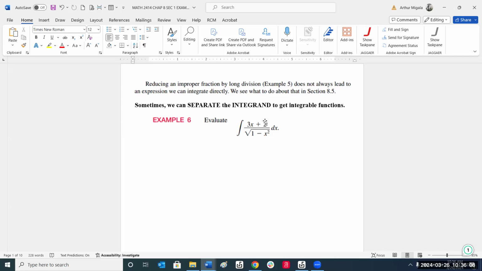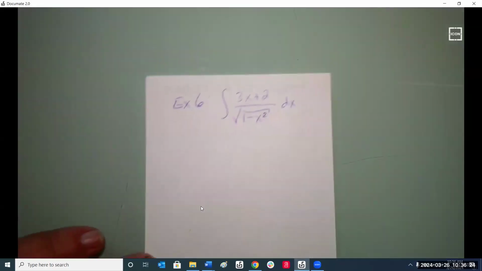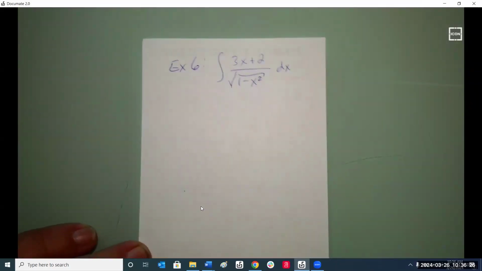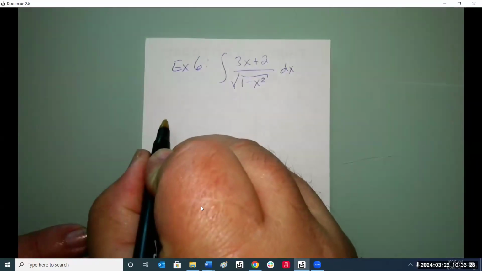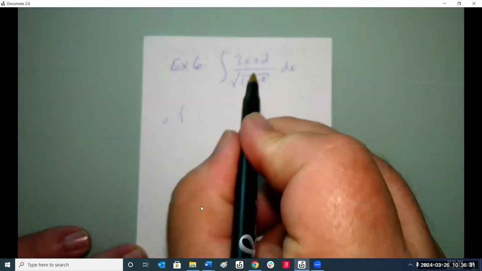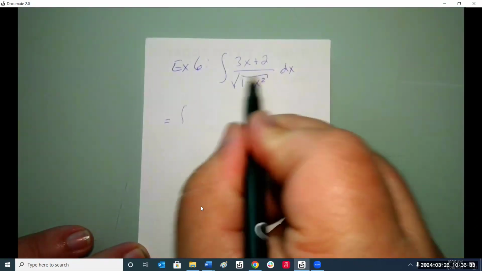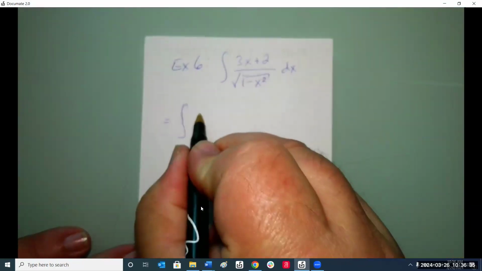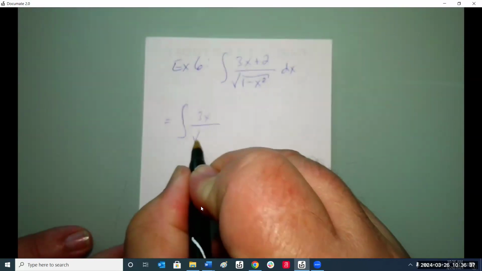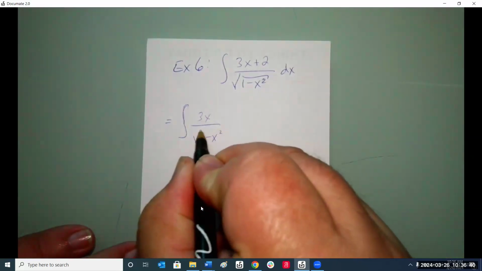The integral of 3x plus 2 over radical 1 minus x squared dx. What we're saying here is, since the top is an equation and we have a monomial on the bottom, we can look at splitting up this equation.